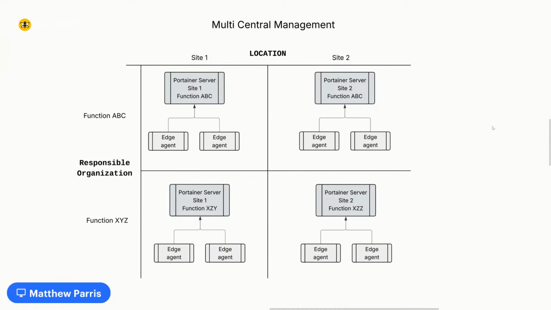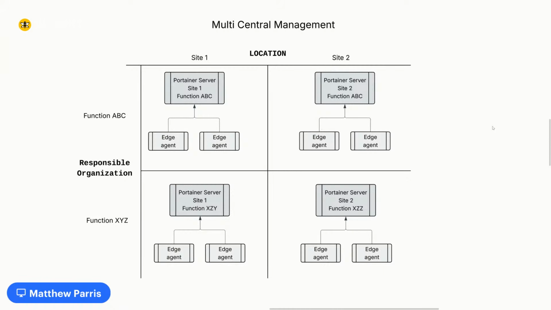So if you've got a multi-central management, that's another type of deployment. And you may have variables like location or responsible organization where you want to split out where your Portainer servers are. For a given enterprise, you may not have one Portainer server for your entire business.